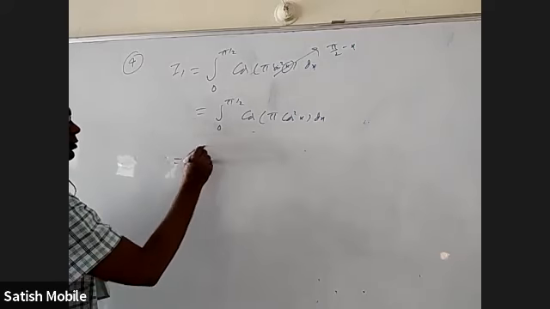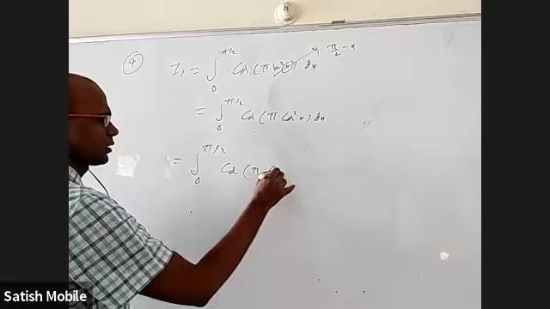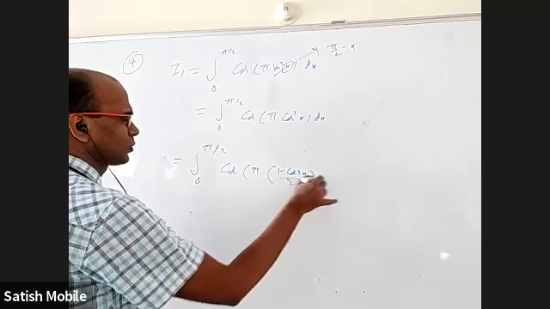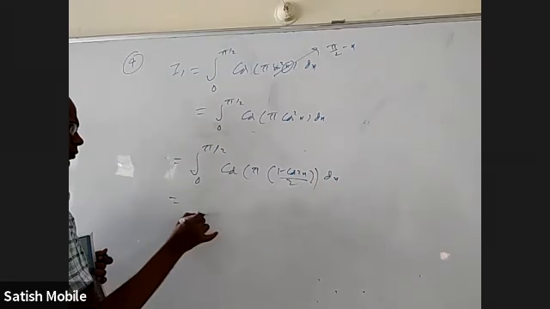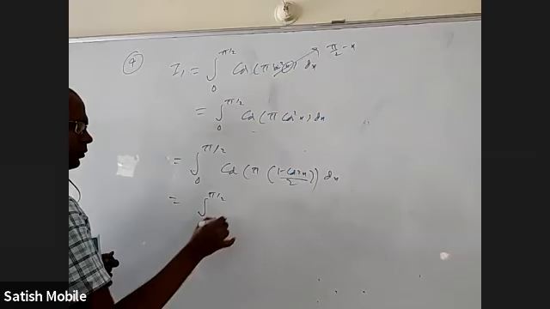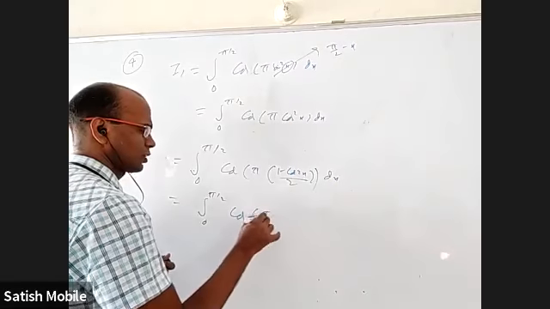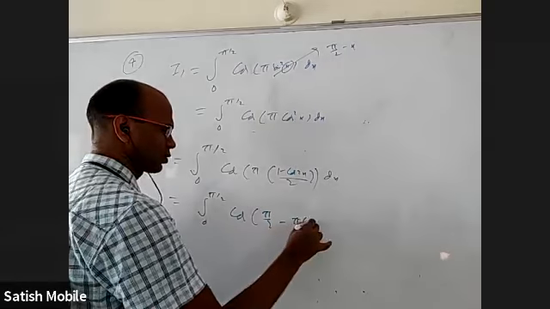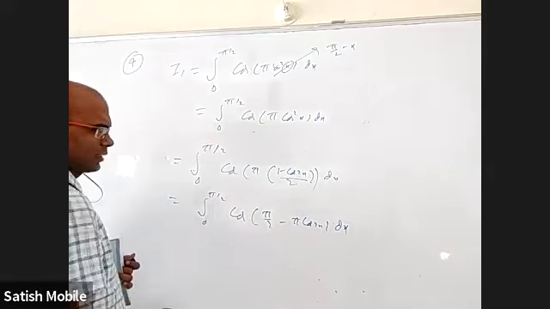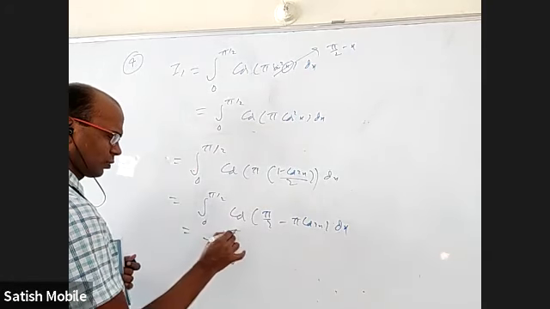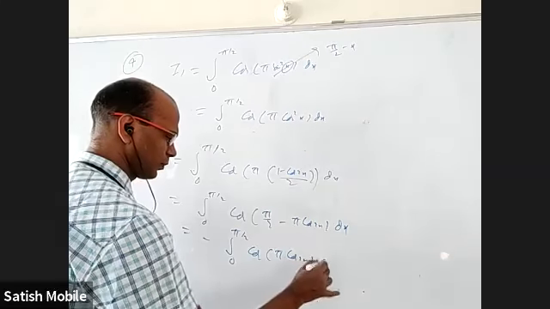Just trying only 0 to pi by 2 cos of pi sine square x can be written as 1 minus cos 2x by 2. That is cos pi by 2 minus pi cos 2x dx. Cos 180 minus theta is minus cos theta, so I'll get minus 0 to pi by 2 cos of pi cos 2x dx.